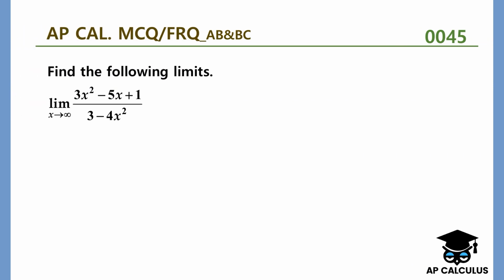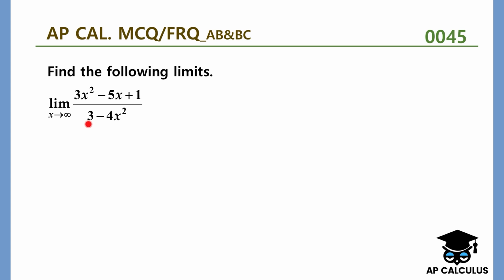Question number 45. We have the limit as x approaches infinity of (3x squared minus 5x plus 1) over (3 minus 4x squared). If x approaches positive or negative infinity, what we have to do is look at the denominator and look for the term with the highest degree.